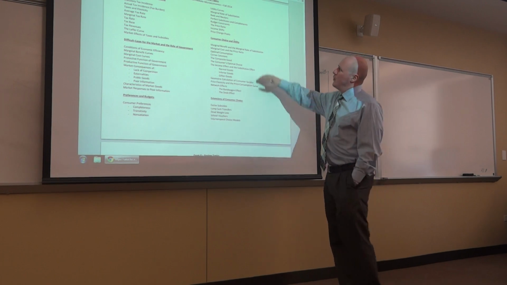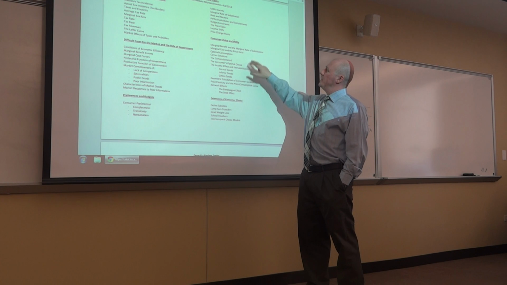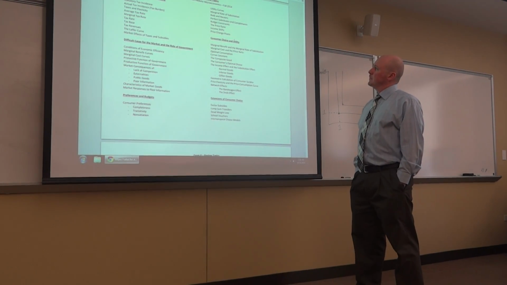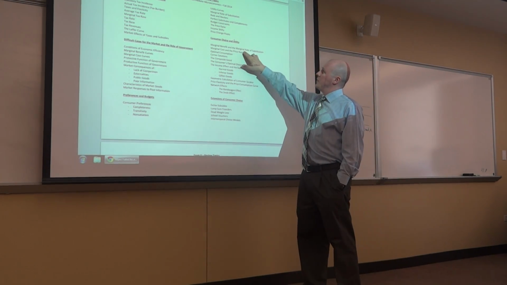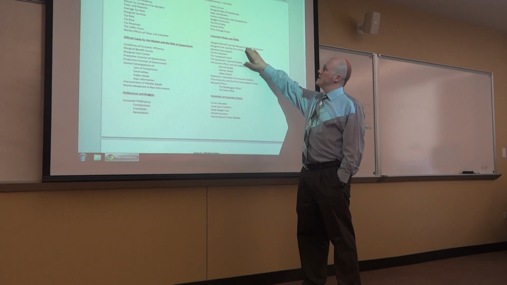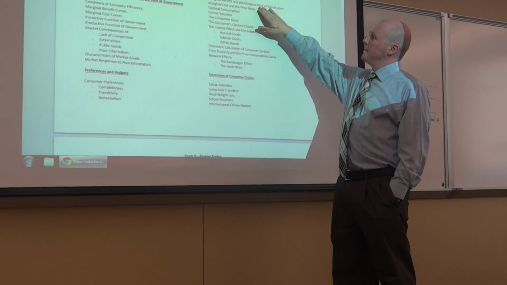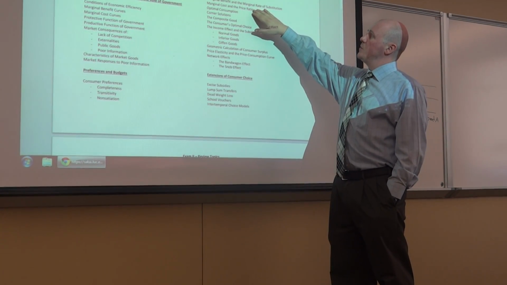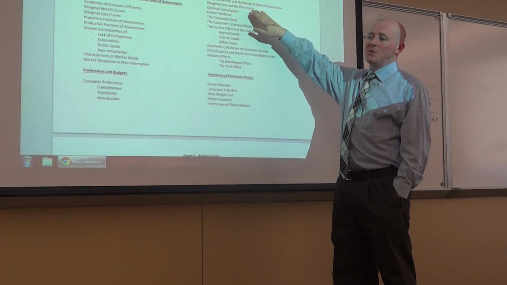All right. Then we're going to keep going with the consumer choice and utility, marginal benefit and the marginal rate of substitution. And so the marginal benefit that we get from something is equal to the marginal rate of substitution. And then we can look at the marginal cost being equal to the price ratio, and that's how much we have to pay for the good in terms of the other good.